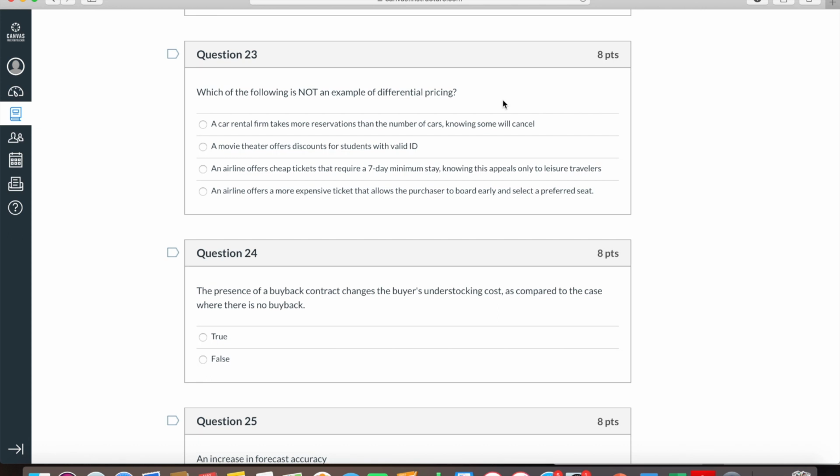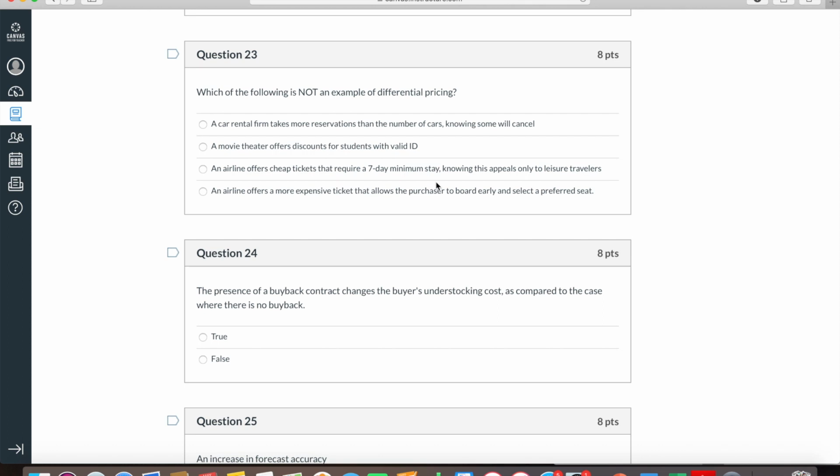So if we look at these options, an airline offers a more expensive ticket, this is differential pricing. You're differentiating the audience from first class and coach. An airline offering a cheap ticket that requires a 7-day minimum stay, knowing this appeals to only leisure travelers.